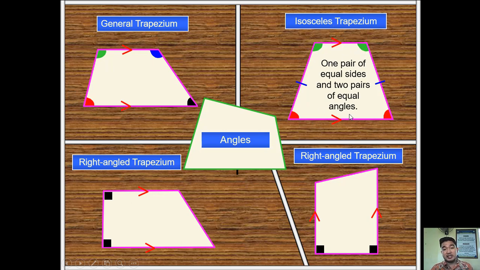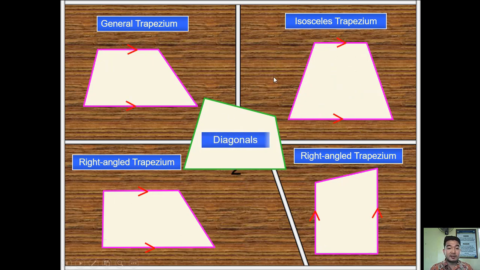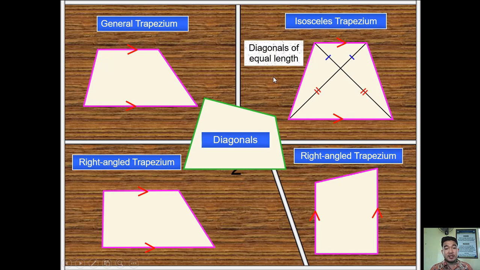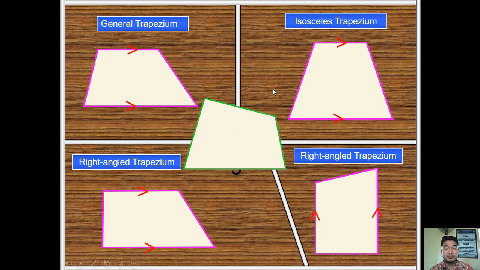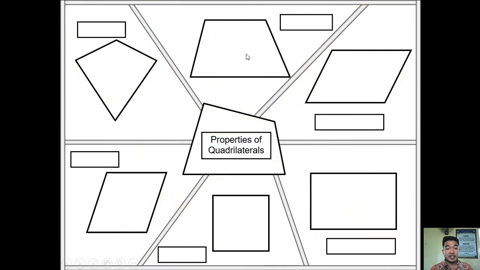Okay, ibig sabihin, these two are the bases, these two are the parallel sides of the trapezium. How about with respect to the diagonals? Kapag isosceles trapezium, diagonals are equal. How about the reflective symmetry? Kapag isosceles, meron tayo. Ayan, pwede natin mag-draw tayo dito ng line of symmetry. Yun lang.